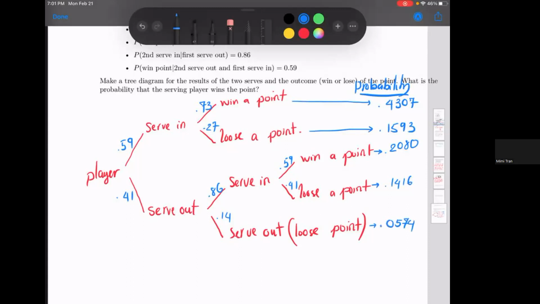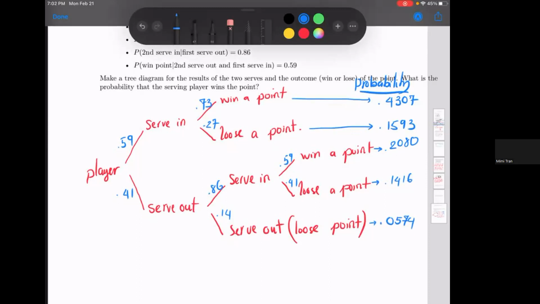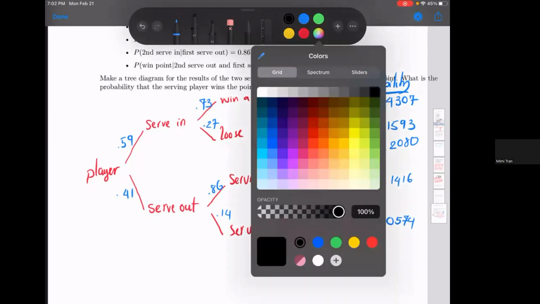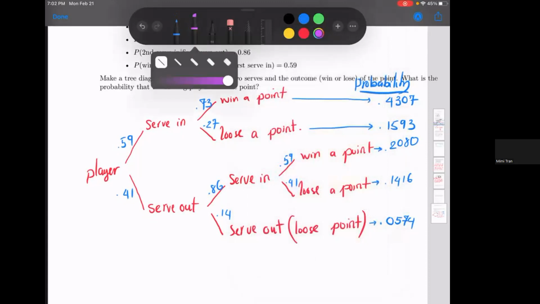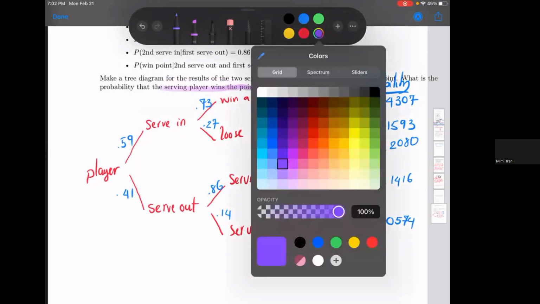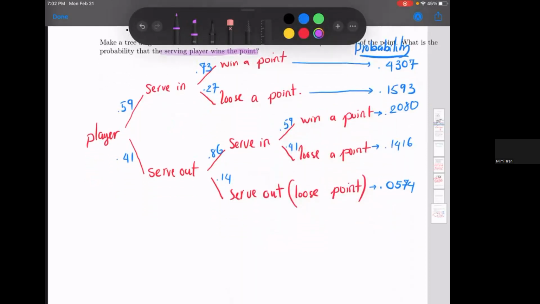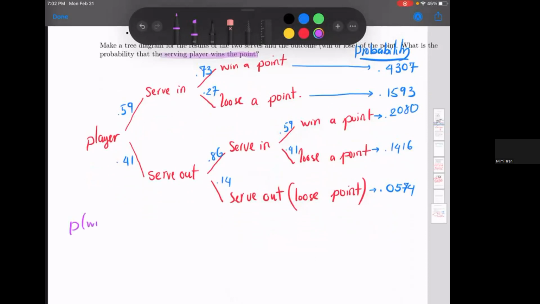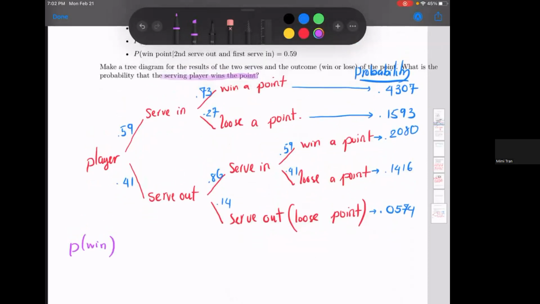Thank you very much. And don't stop. We have to answer the question, right? What is the question? Probability of win. So P of win: just add the win ones. That one, that one. Yeah, that's two of them.